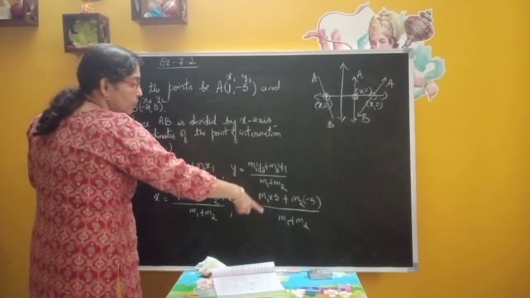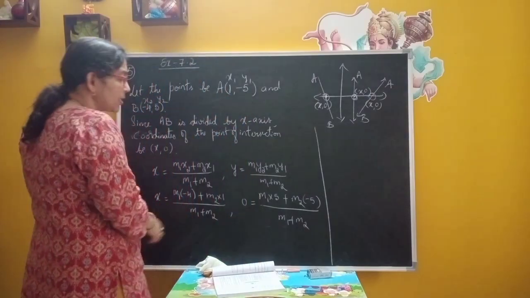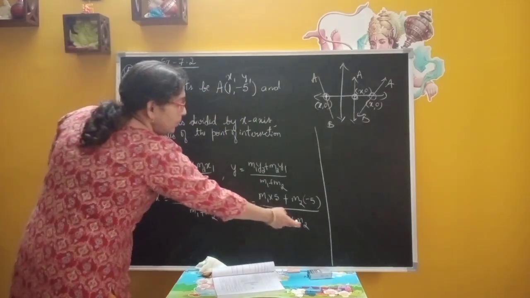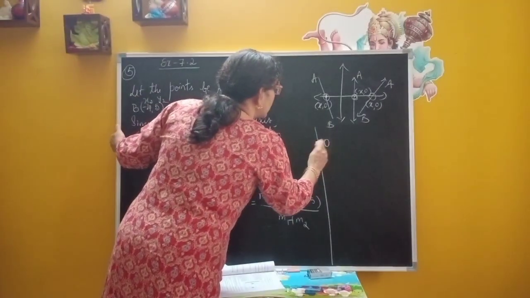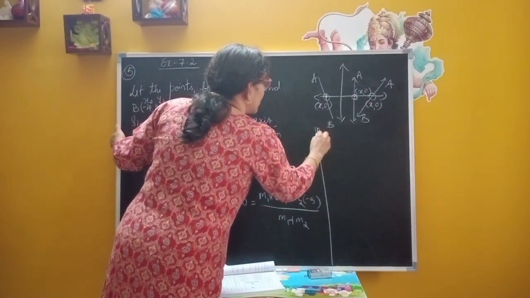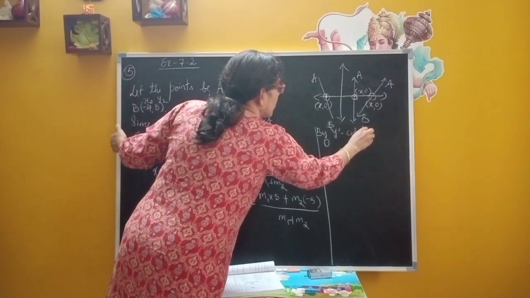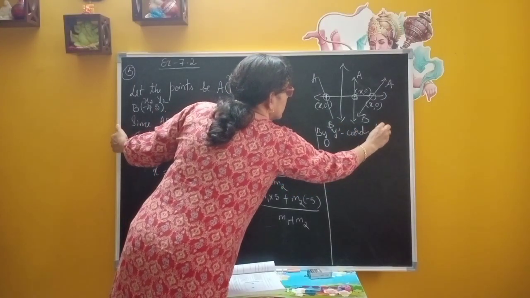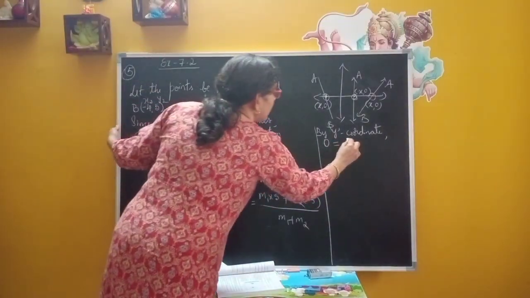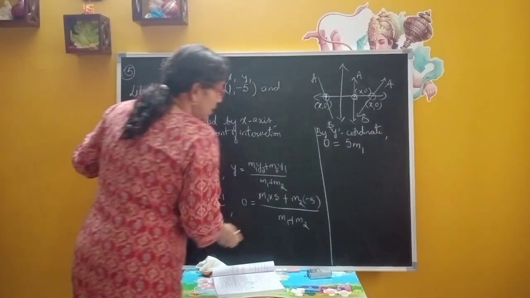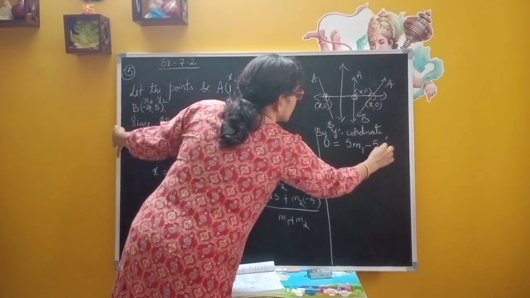Cross multiplying, we get 0 is equal to 5m1 minus 5m2.